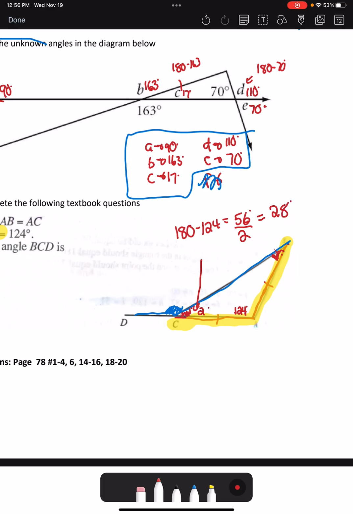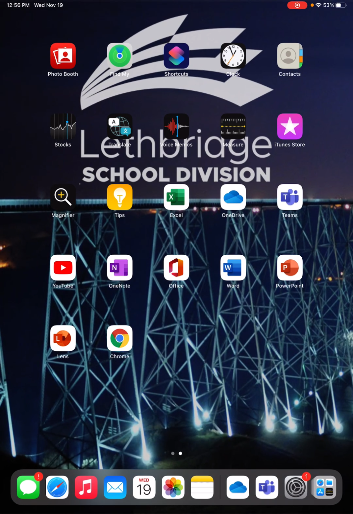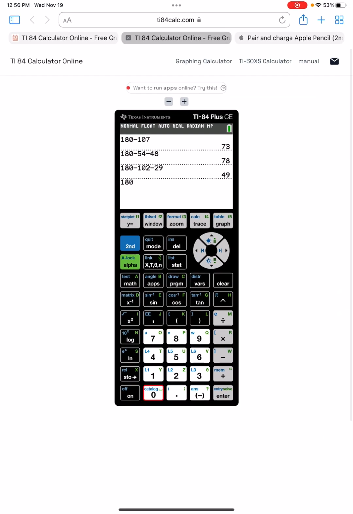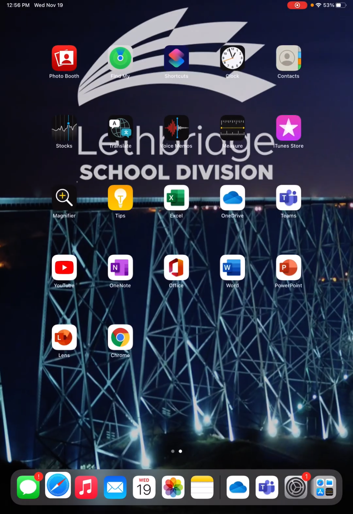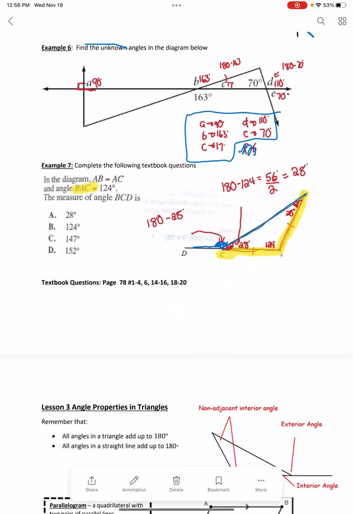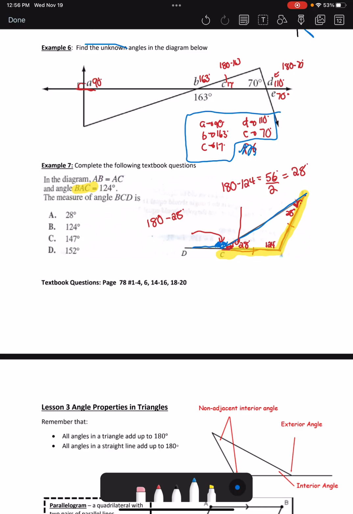So this angle right here is 28 degrees. Now, if I want to find this exterior angle, I would just go 180 minus 28 degrees. Let's go ahead and punch that in our calculator. So we're going 180 minus 28 degrees, and we get 152. So then our answer will be 152.